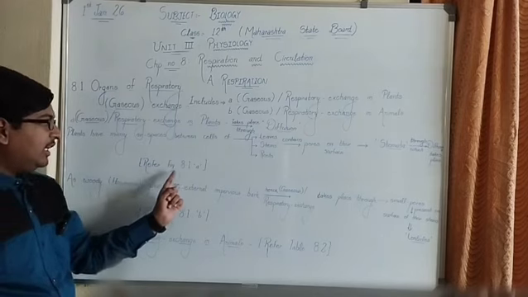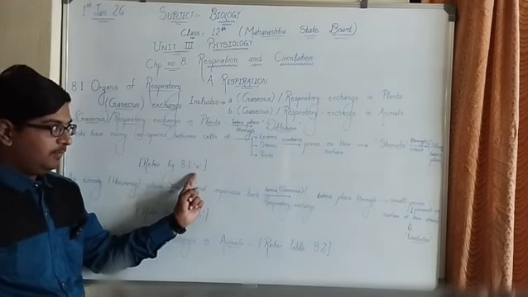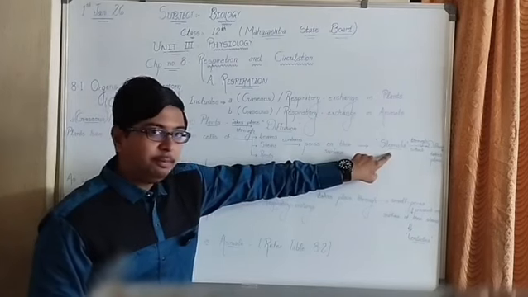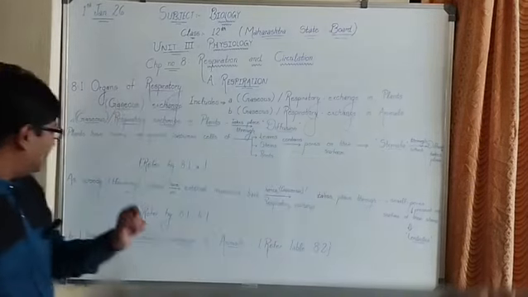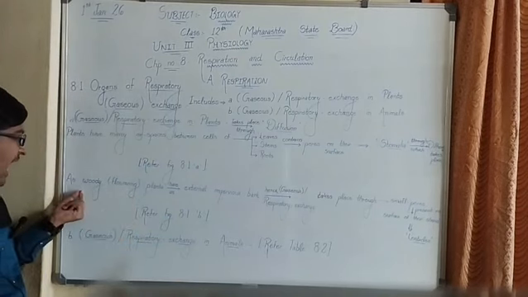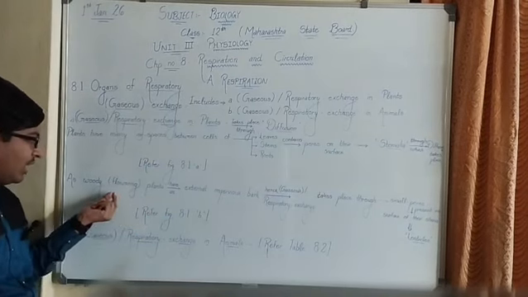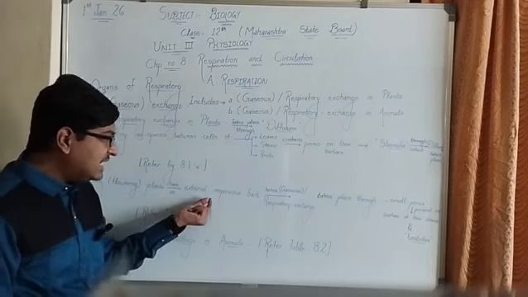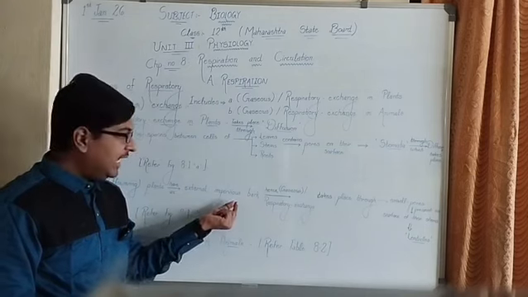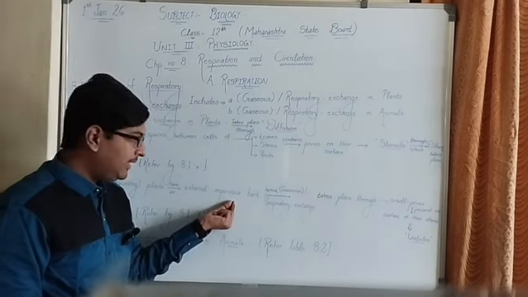You have to refer to figure 8.1a, where they have depicted the figure of stomata. Secondly, woody plants or flowering plants basically have an external impervious bark. Impervious means impermeable.